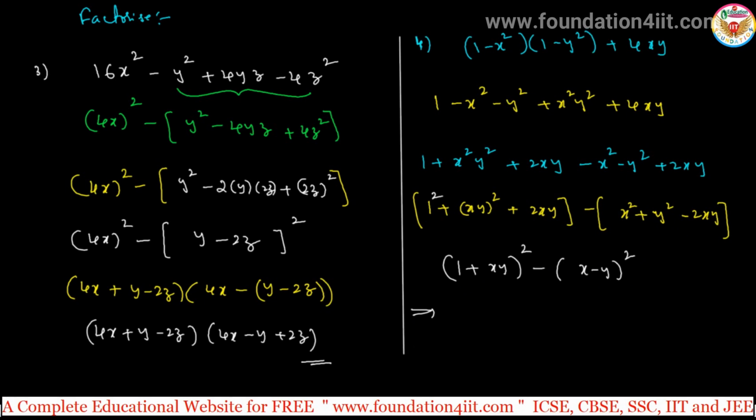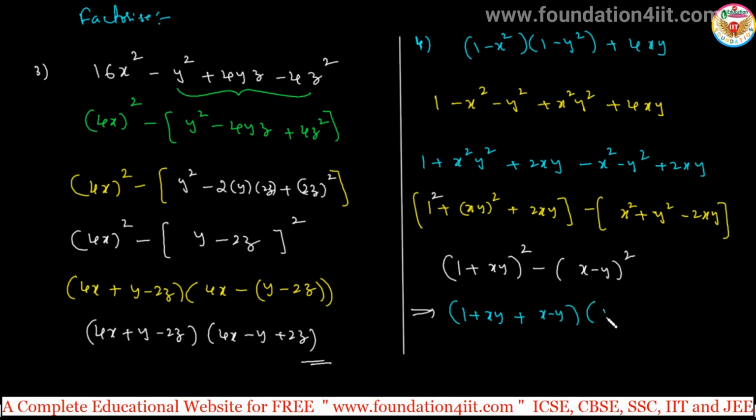Now the a square minus b square formula: the first expression 1 plus xy plus the second expression. Again the first expression 1 plus xy minus of x minus y, so minus x plus y. That is why I wrote the minus common. Right. So this is a regrouping we can arrange. Now this is a difference of the squares of two terms, so we can apply this formula straight away.